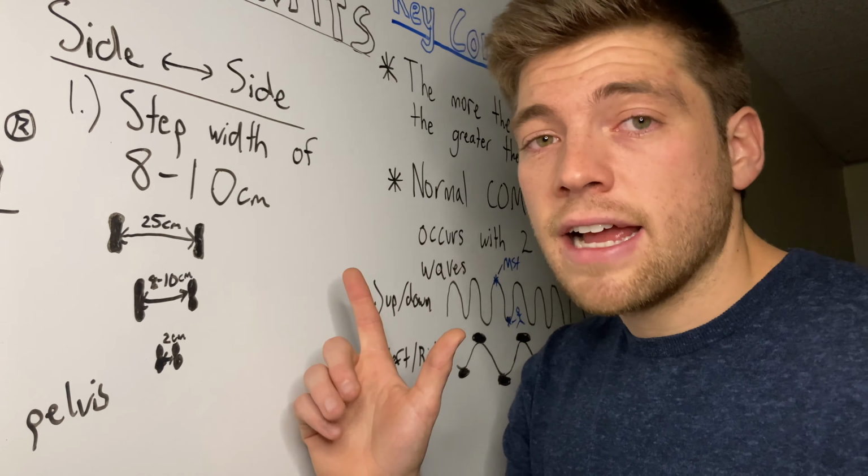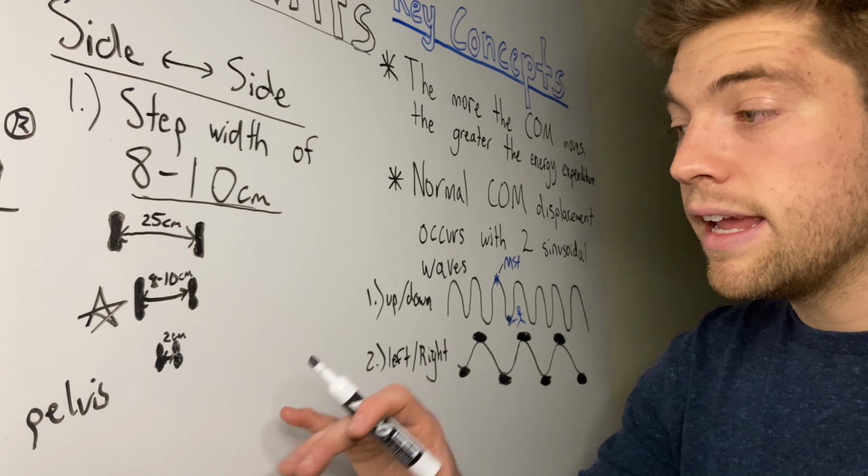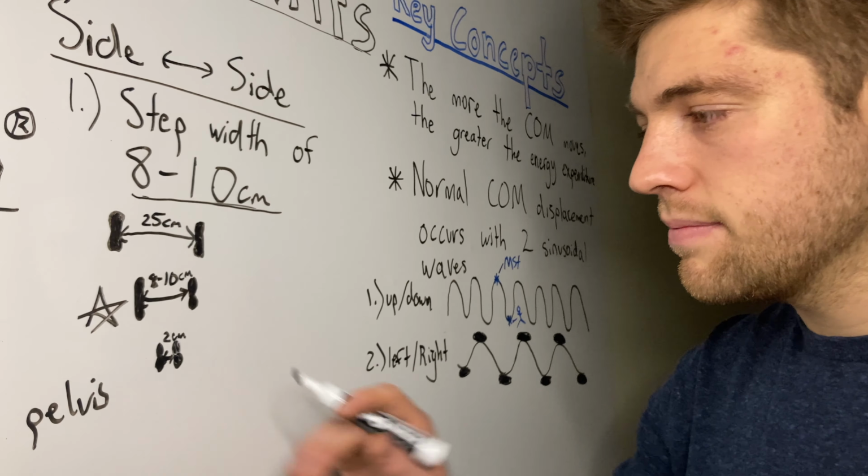So then this one right here, the golden child, the 8 to 10 centimeters step width, that's what most people choose, because then we get this ideal energy expenditure and we get a little bit of a wider base of support. However, it's shown that even young, healthy people choose this smaller base of support, maybe because they're not used to it, or maybe just because it's not as efficient, or it increases the energy expenditure.